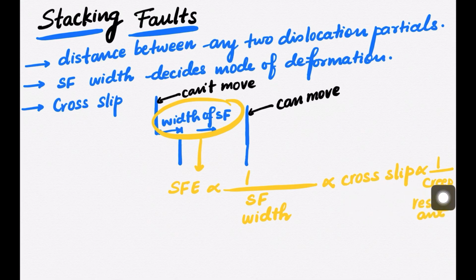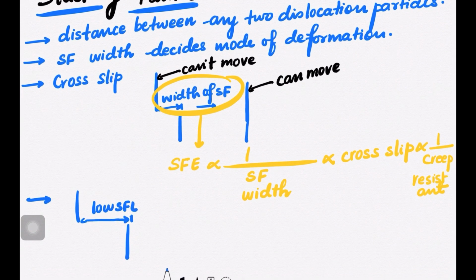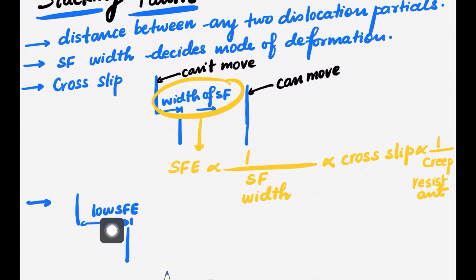Now coming to the next: if the material has low stacking fault energy, it means the width is more. If one dislocation partial is this one and another dislocation partial is this one, this width is high, which means low stacking fault energy.